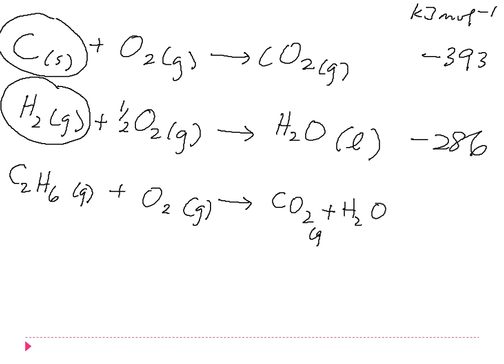CO2 in gas form, H2O in liquid form. Right. So how many carbons do we need on the right side here? 2. So we have 4 oxygen. And how many hydrogen do we need here?